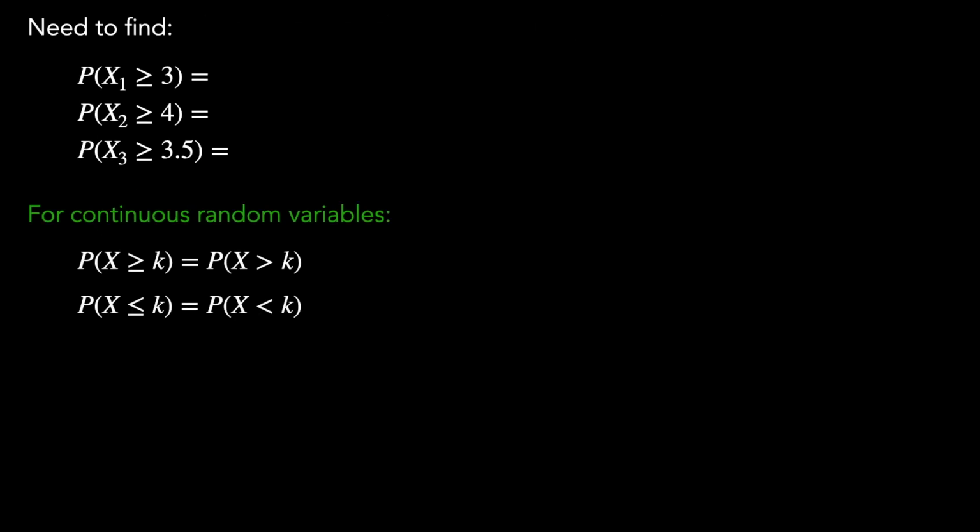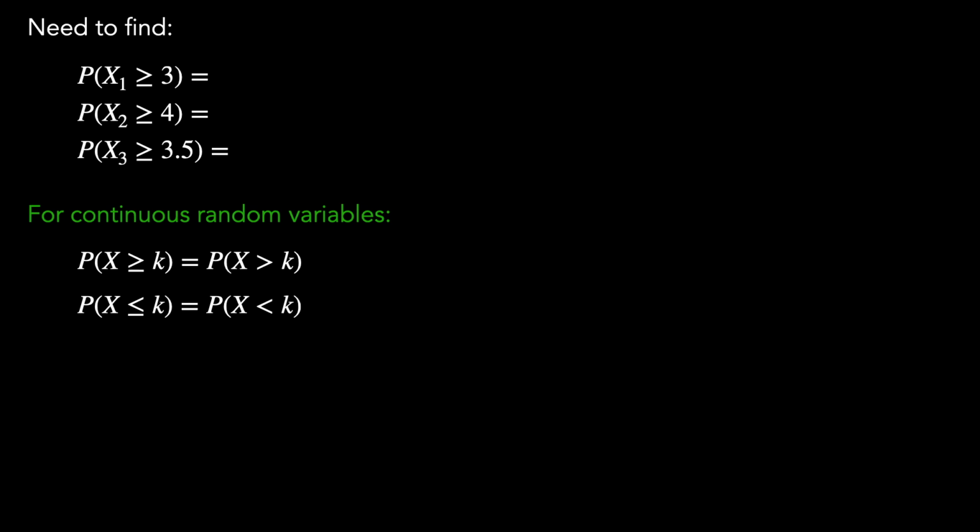Remember that a really great thing about continuous random variables is that the probability that x is greater than or equal to k is the exact same thing as the probability that x is greater than k. Because we said a little bit ago, the probability that x absolutely equals k for continuous random variables is 0.